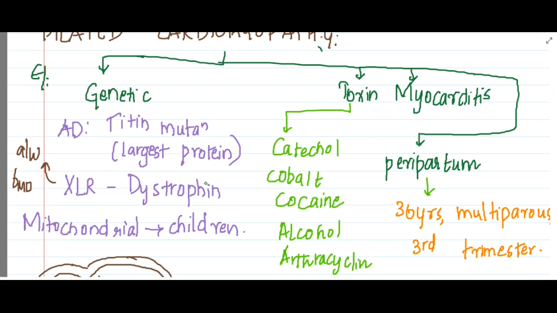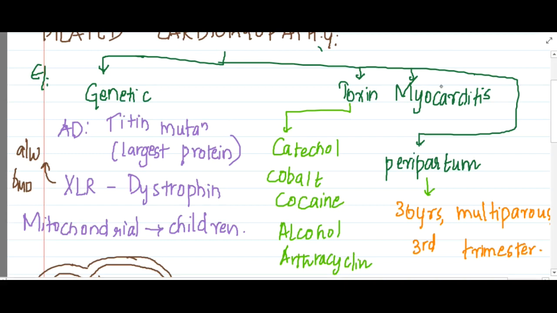This is due to mutations in the membrane associated dystrophin protein, which couples the cytoskeleton to the extracellular matrix. These dystrophin mutations are mainly seen in Duchenne's muscular dystrophy.